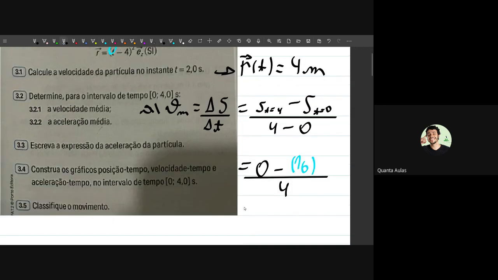So to finish our class, minus 16 divided by 4 is minus 4. Minus 4 what? Minus 4 meters per second. This is the unit of the velocity. So the mean velocity of this situation is just minus 4 meters per second.